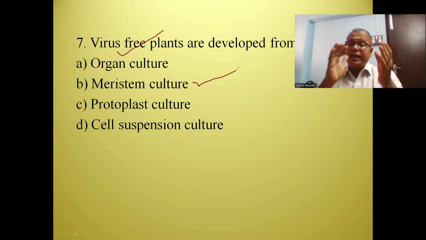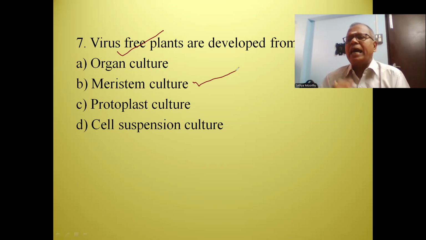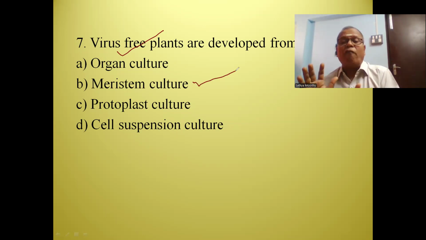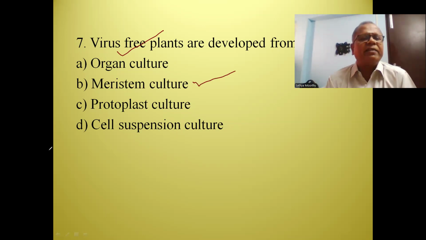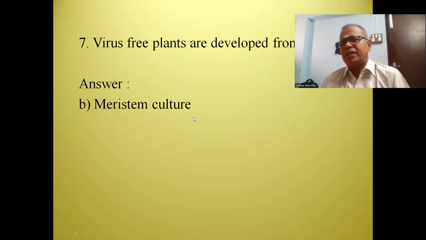The cells are always in a state of continuous division. So viruses are unable to grow in the meristematic region. So meristem culture helps to produce virus-free plants, or plants free from viral infection. This is the correct answer. Let's check anyway. Yes, meristem culture is the correct answer.